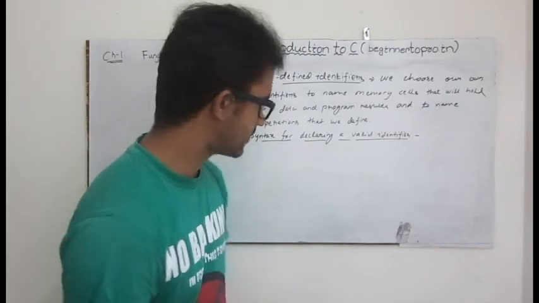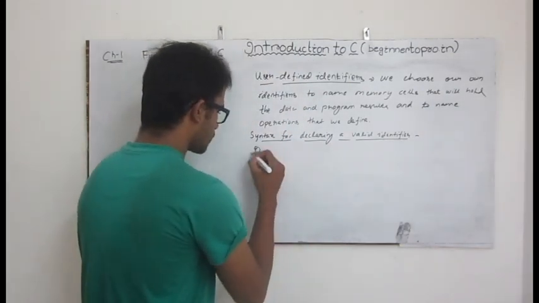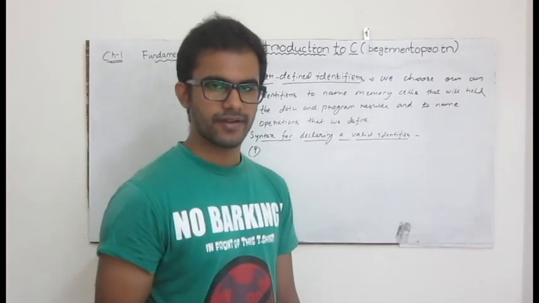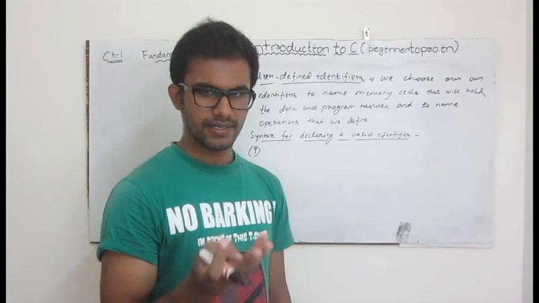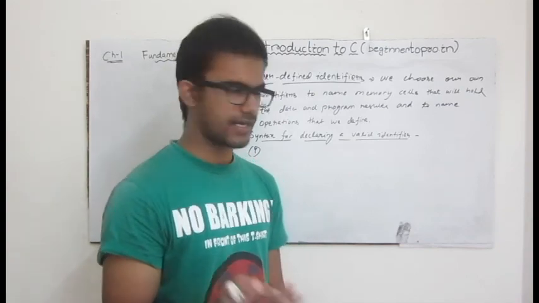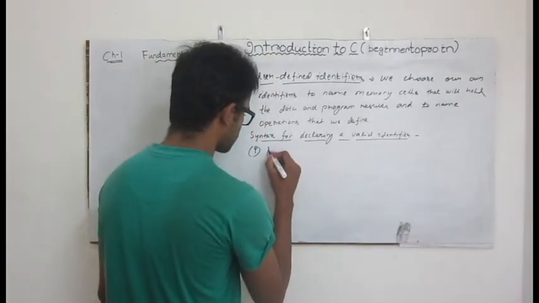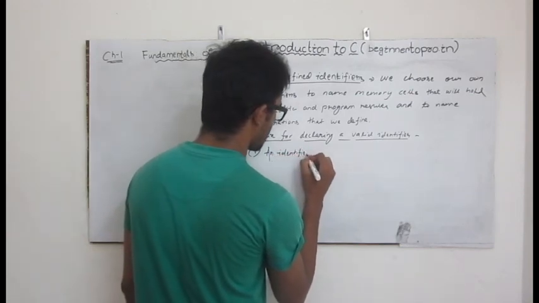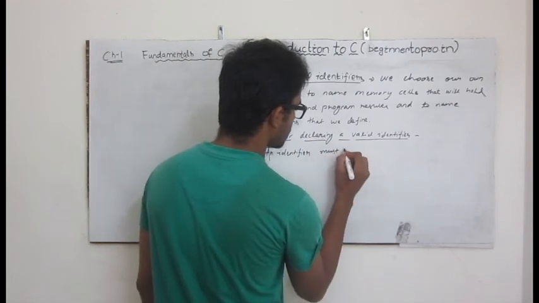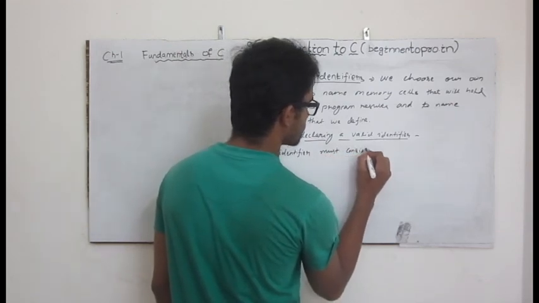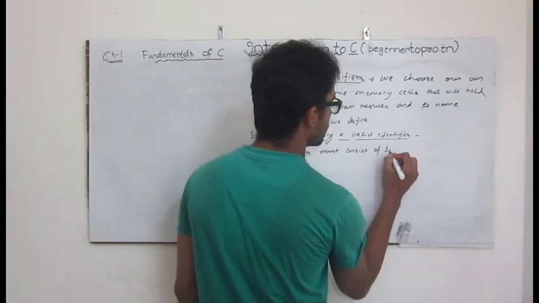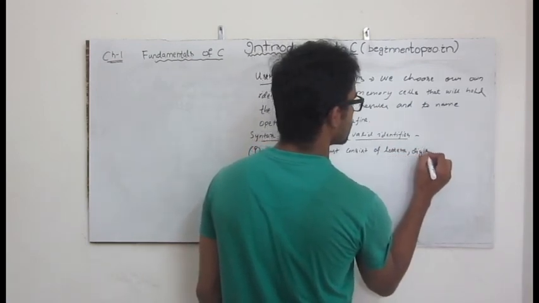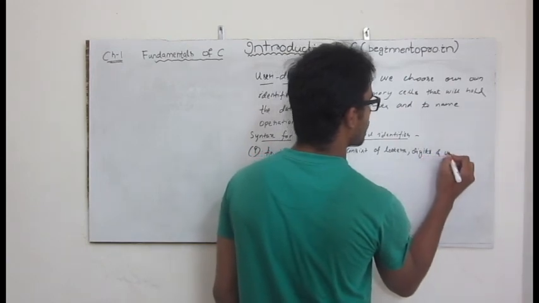Let me write the first rule so that I'll show you and explain. An identifier must consist of letters, digits and underscores.